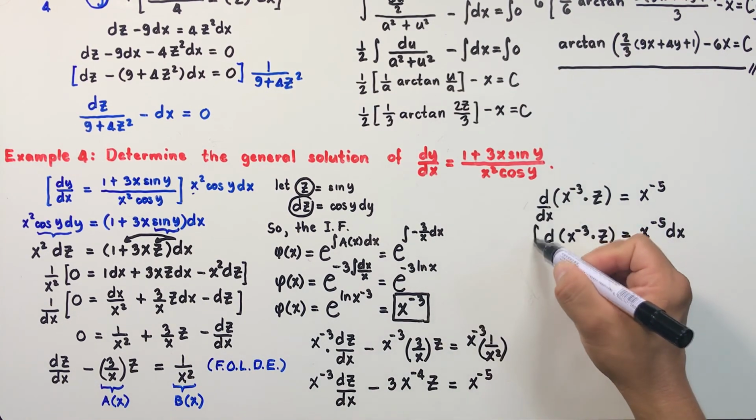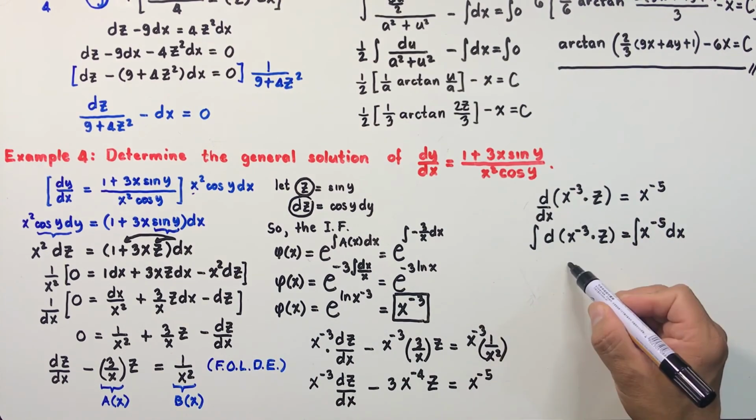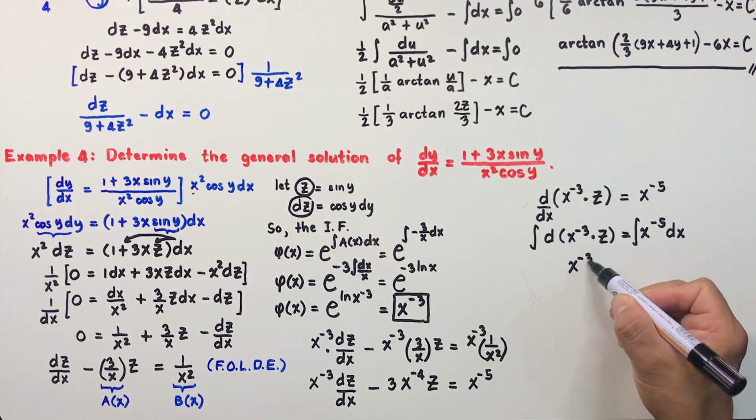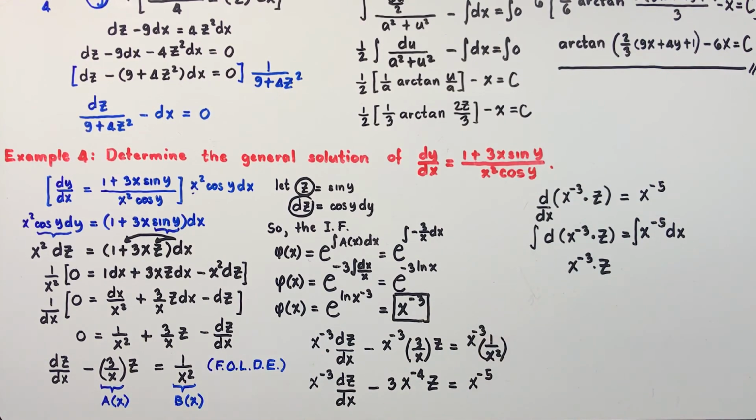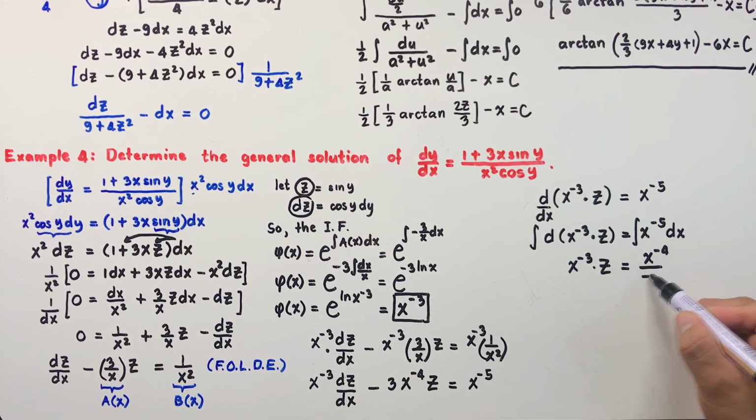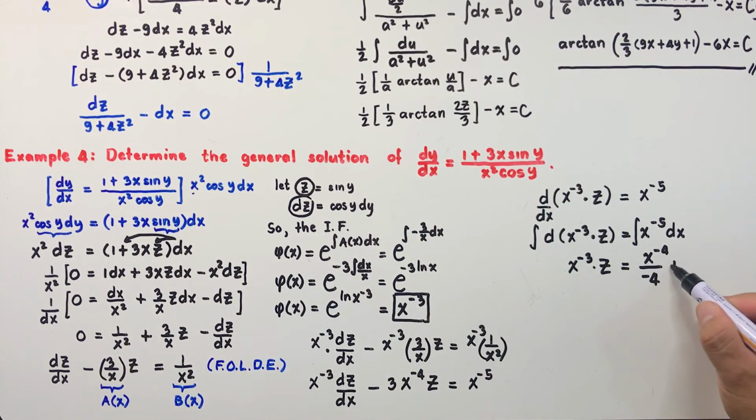So integrating both sides of the equation, the answer is x to the power negative 3 times z, because the integral of the differential cancels each other, and by the power rule, this is equal to x to the power negative 4 divided by negative 4 plus the constant of integration c.